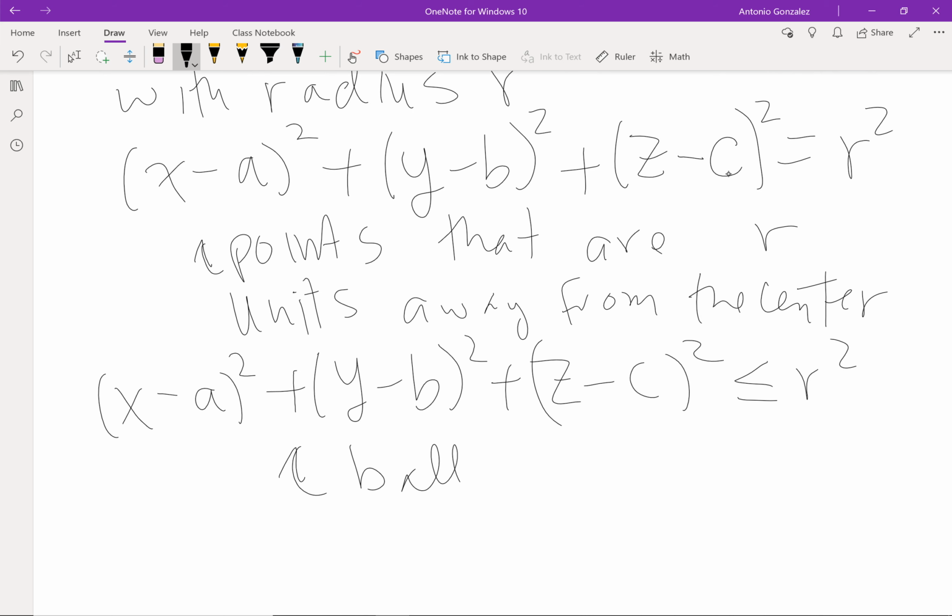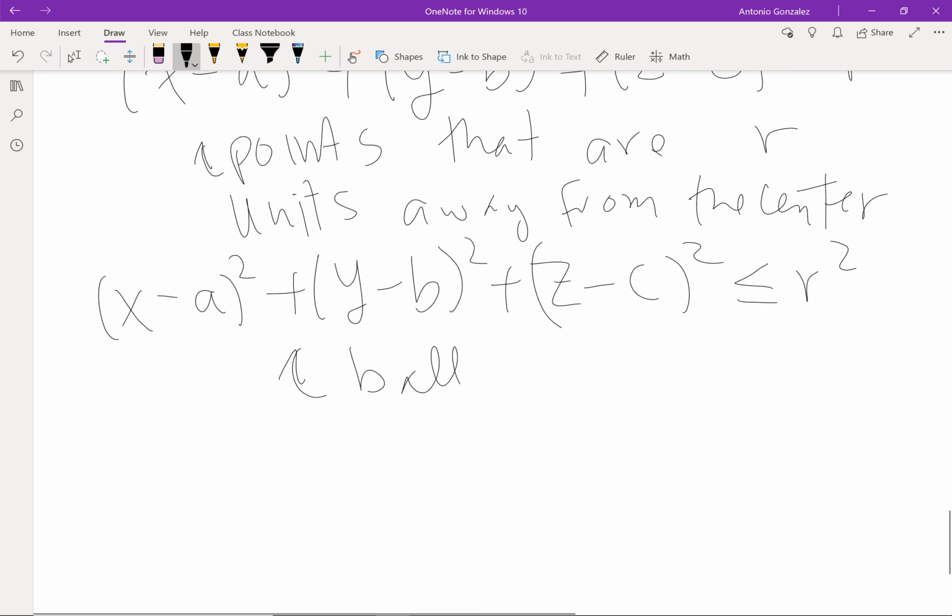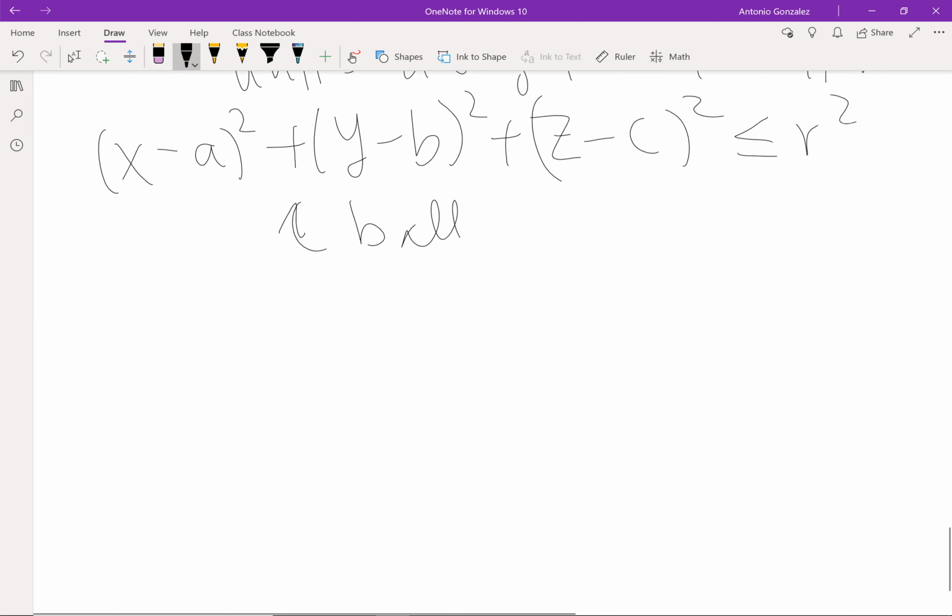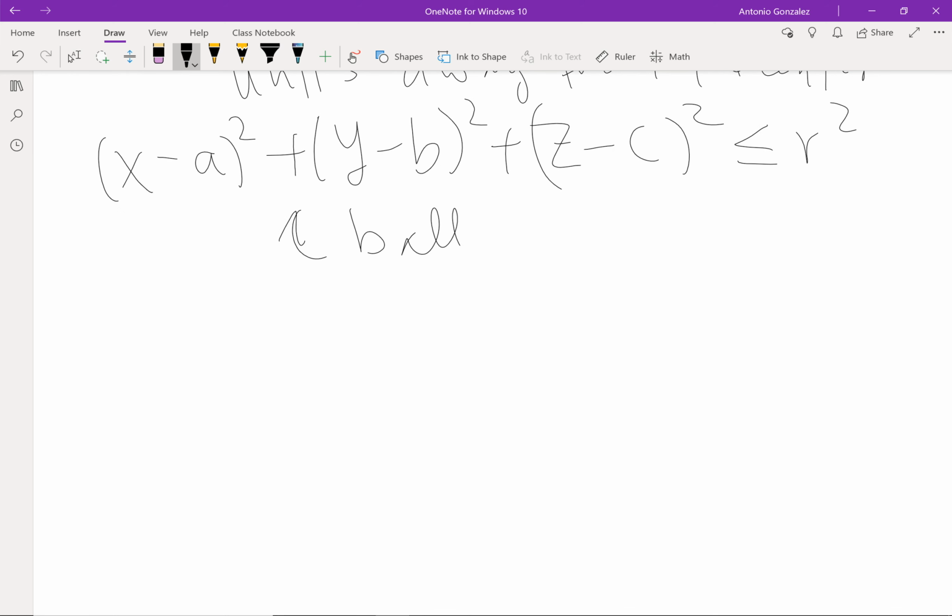So this set not only includes the boundary, but everything inside the sphere as well. All of those will be part of this particular set. Okay. So the ball includes all interior points as well.